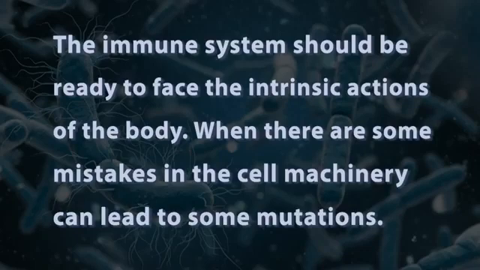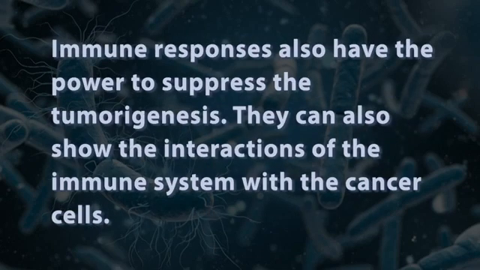The immune system should be ready to face the intrinsic actions of the body. When there are mistakes in the cell machinery, they can lead to mutations. Immune responses also have the power to suppress tumorigenesis.